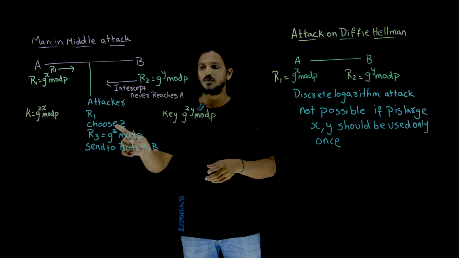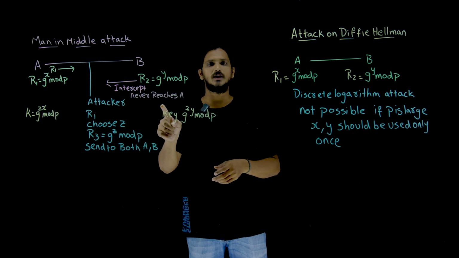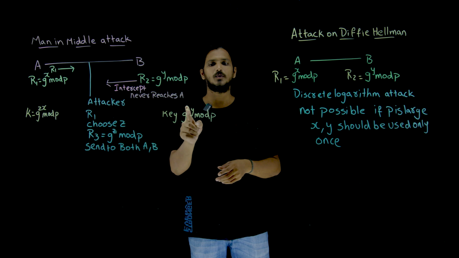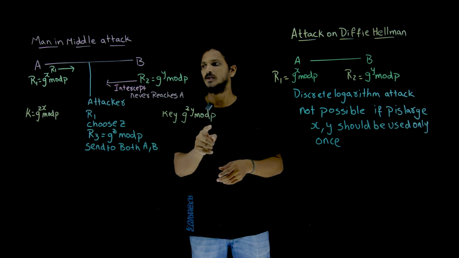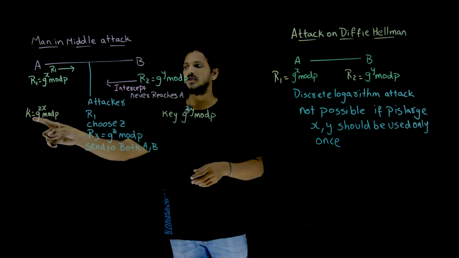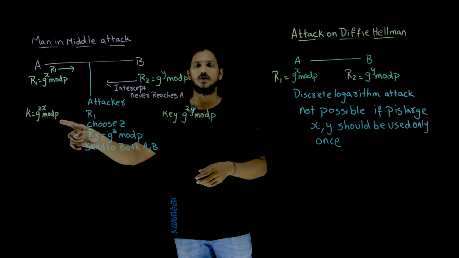By using G power Z mod P, they generate the keys. B gets the key G power ZY mod P. Similarly, A generates the key K equal to G power ZX mod P.